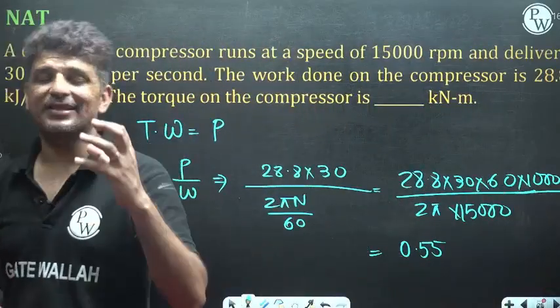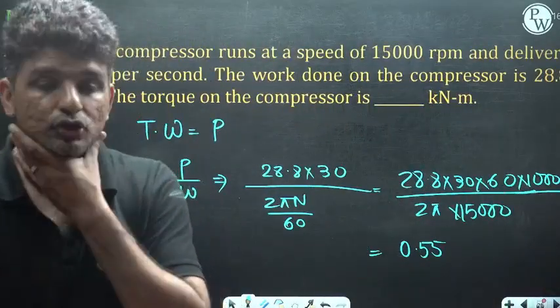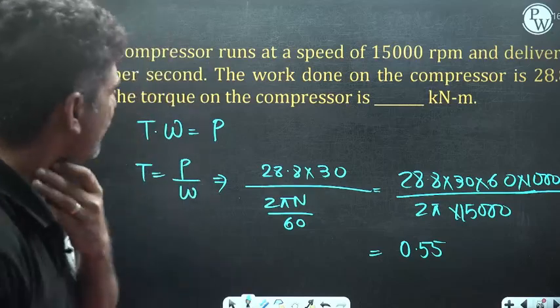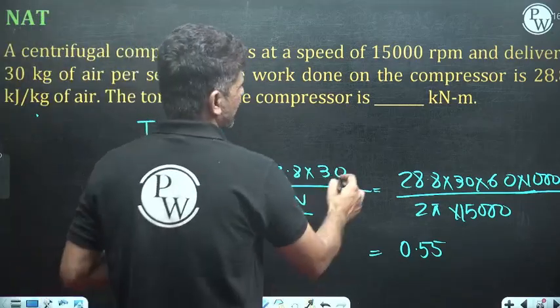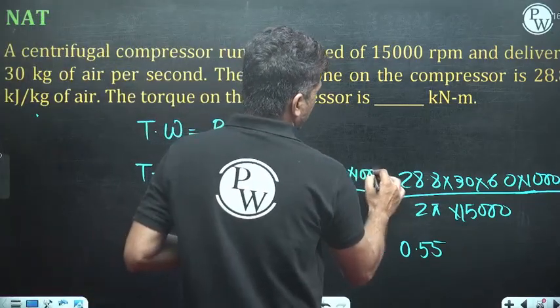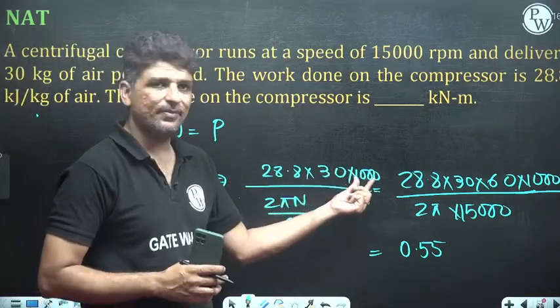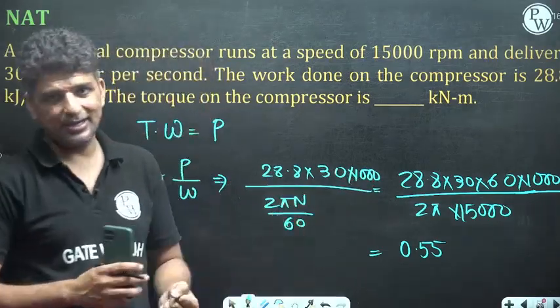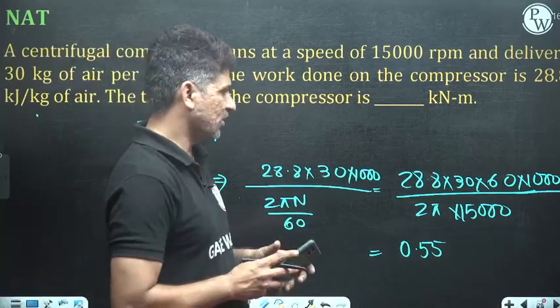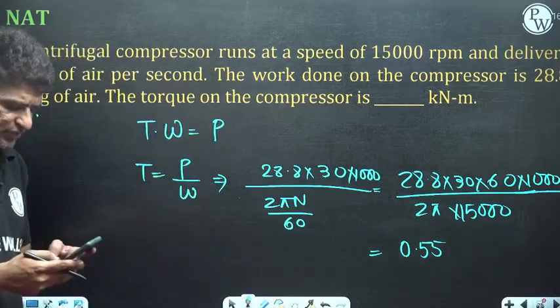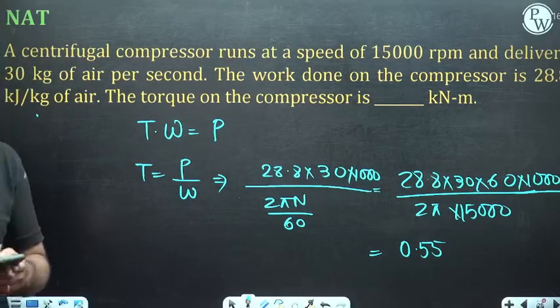Because the power that you are supplying is in joule. Okay, so we will calculate everything in SI unit. So multiplied by 1000: 28.8 multiplied by 30 multiplied by 1000 divided by 2 pi n multiplied by 60. Okay, so this value will come out to be 550.